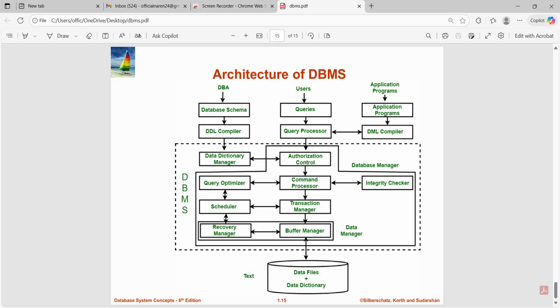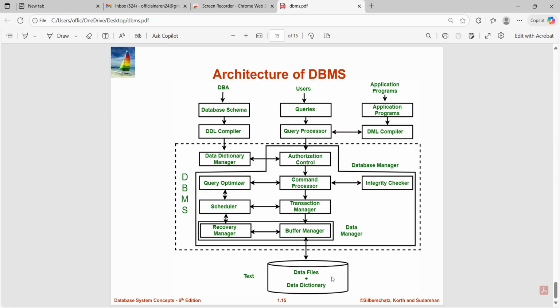Coming to the architecture of DBMS, here is the architecture you are going to see. It is split into three different tiers. Tier one is the DBA, user and application program part, which is called the user interface part. Tier 2 is the database management part. It consists of a data dictionary manager and command processor, transaction manager, buffer manager, scheduler, and integrity checker.